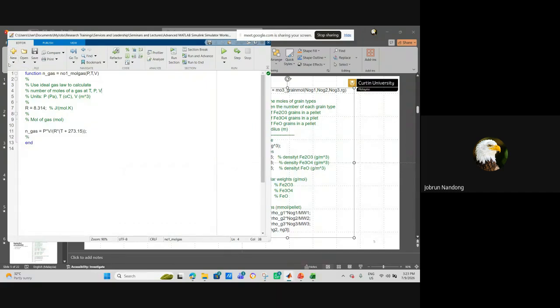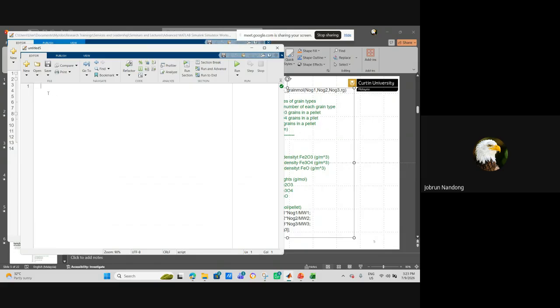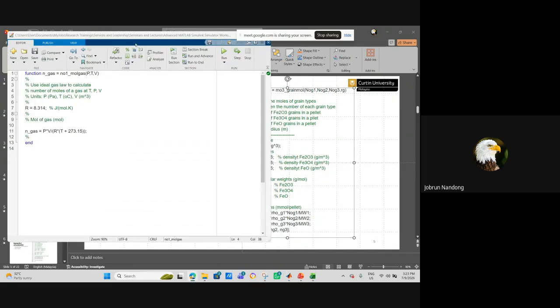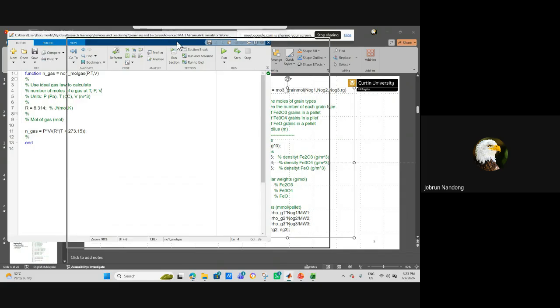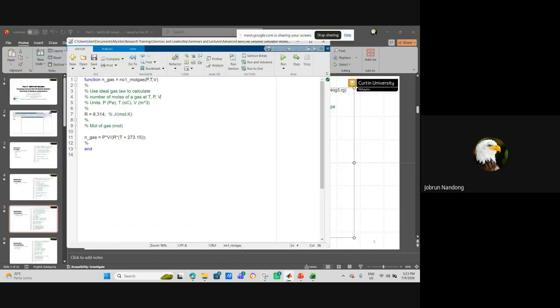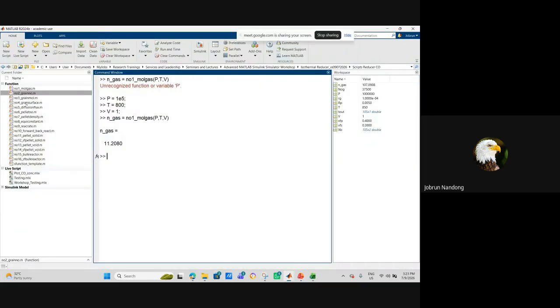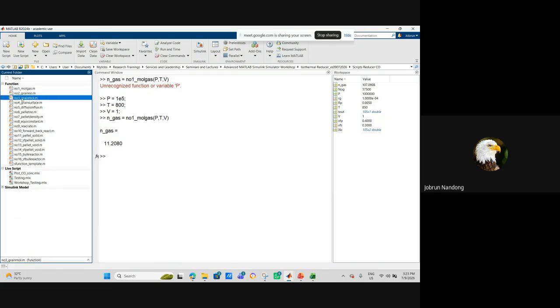Go to the new script, where you can type a function and so on. I don't want to rewrite it, so I'll show you what I have written. You can try to copy it. Yeah, this is what we have written.